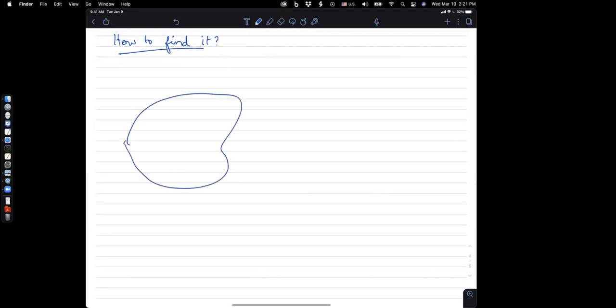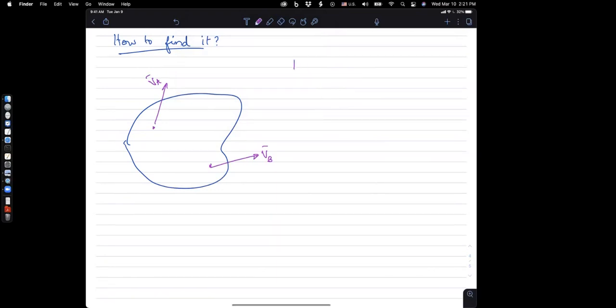So some object here, and we have some point, and you know the velocity of this point, V_A, and let's say we know some other point here, and we know the velocity V_B, like so.